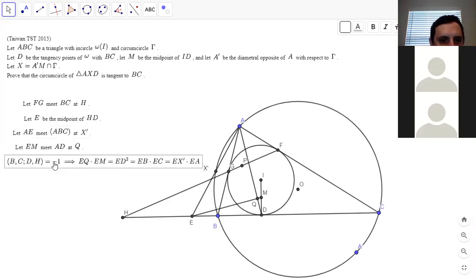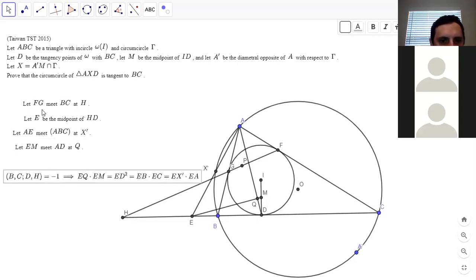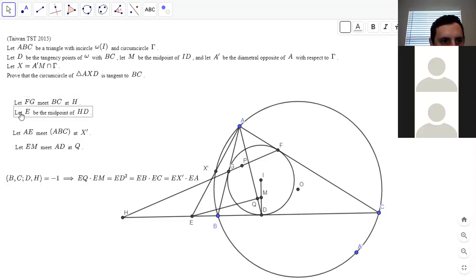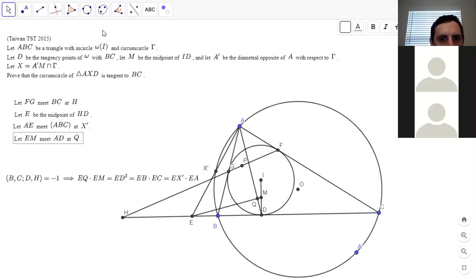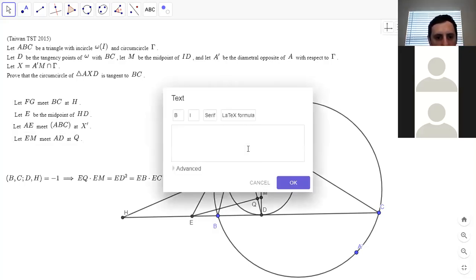So basically, EM is parallel to IH. Also, since H lies on the polar of A, that means that HI is perpendicular to AD.